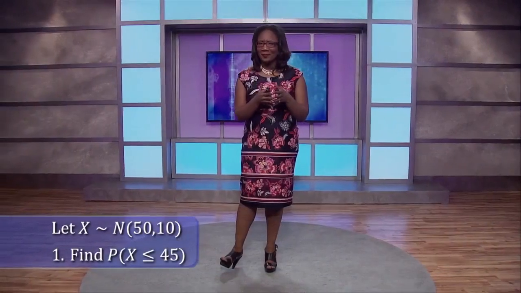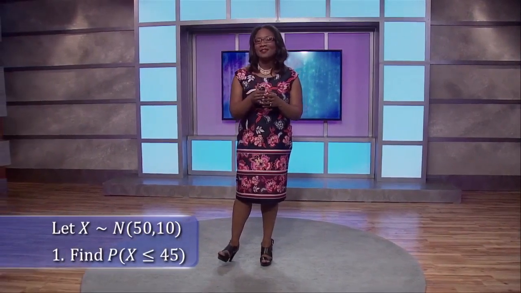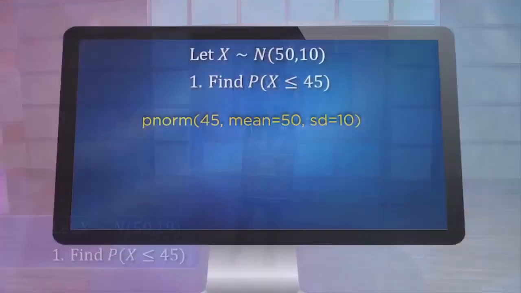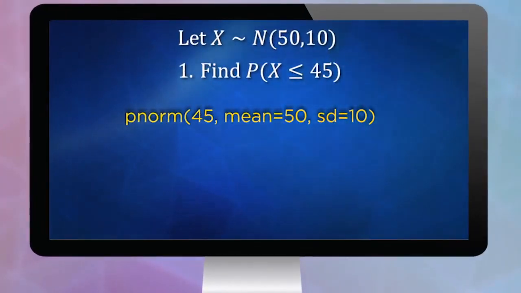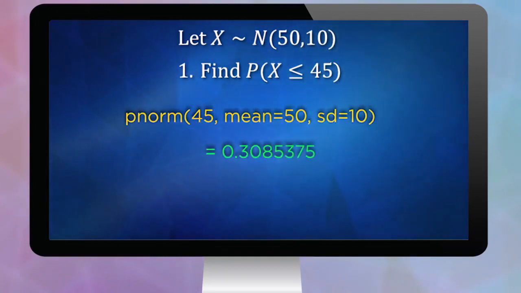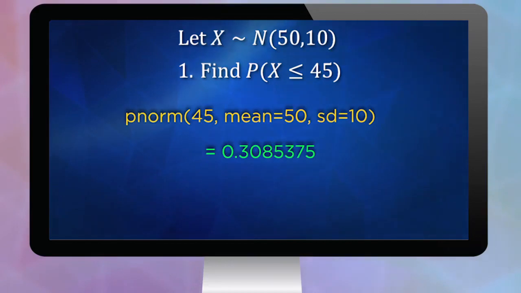How do we find the probability that X is less than or equal to 45 in R? We use our pnorm function. Our a is equal to 45, our mean is 50, and our standard deviation is 10. Bam! 0.308. Thank you, R, for doing all that work for me.